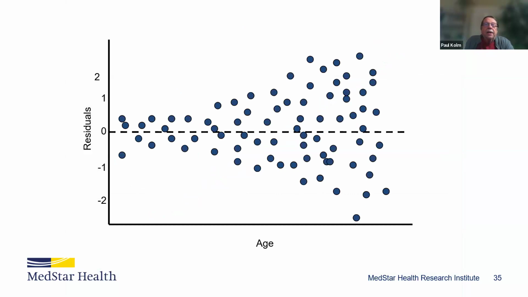On the other hand, if you plot residuals against, say, one of your independent variables and you get something like this, then we've got a problem, because we see that the greater the age, the residuals become very spread out and are not normally distributed across the mean of 0.